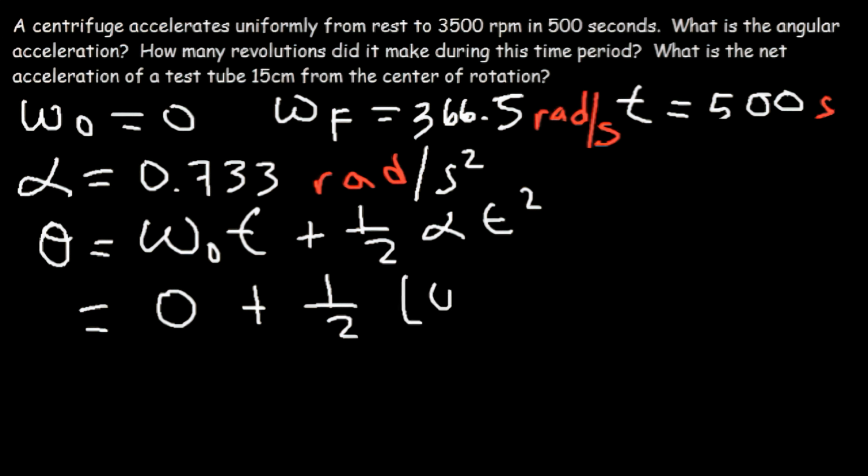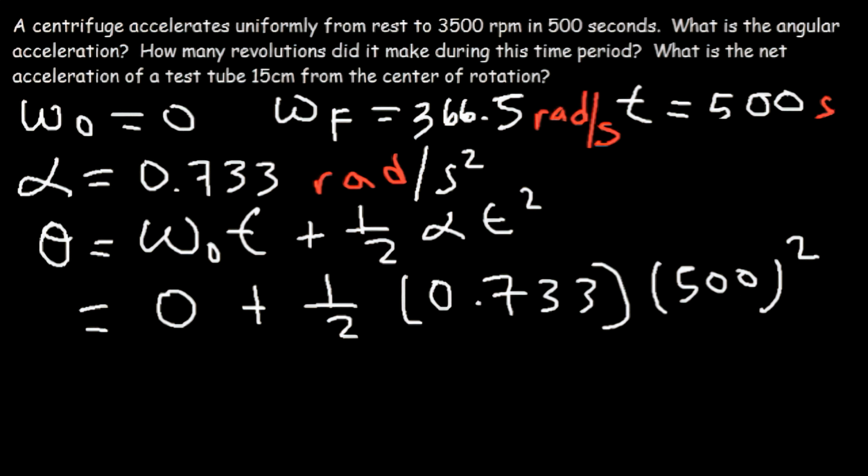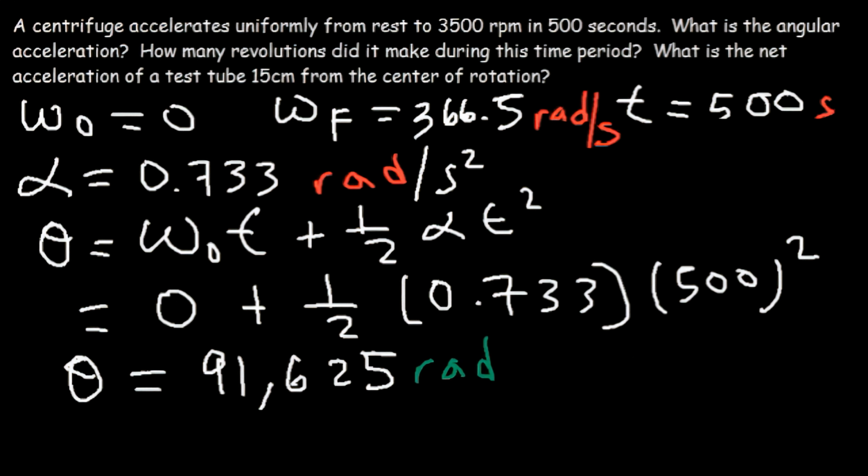The angular acceleration is 0.733, and the time is 500 squared. So the angular displacement is 91,625 radians.